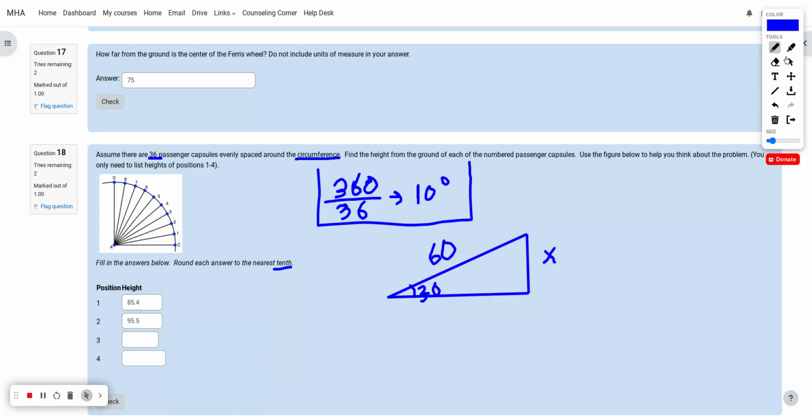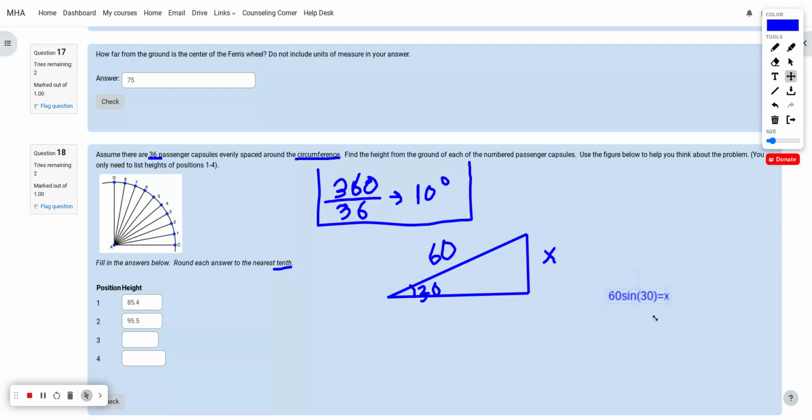So now it's taking a while, so I'm just going to forget about explaining stuff, because it's just going to be 60 sine 30 is equal to x over 60, which just gets canceled out like that.